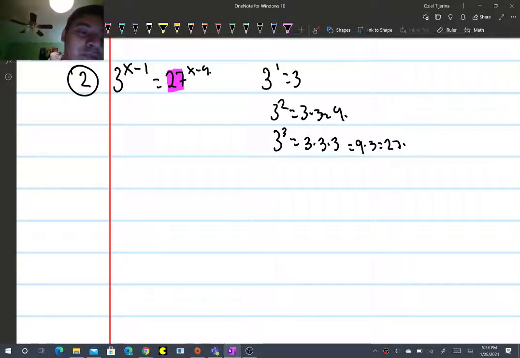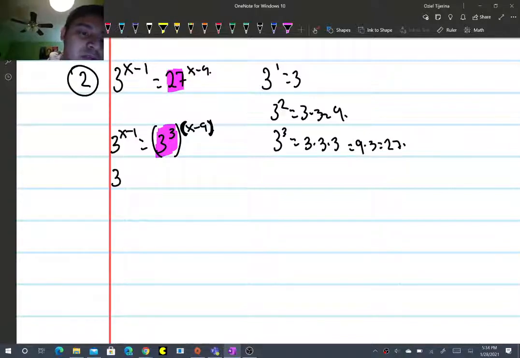We will have 3 to the x minus 1 equals 3 cubed, and this is our new number here. We can do parentheses to the x minus 9. Notice that I put parentheses also up here because you are going to end up distributing when you make the exponents equal.